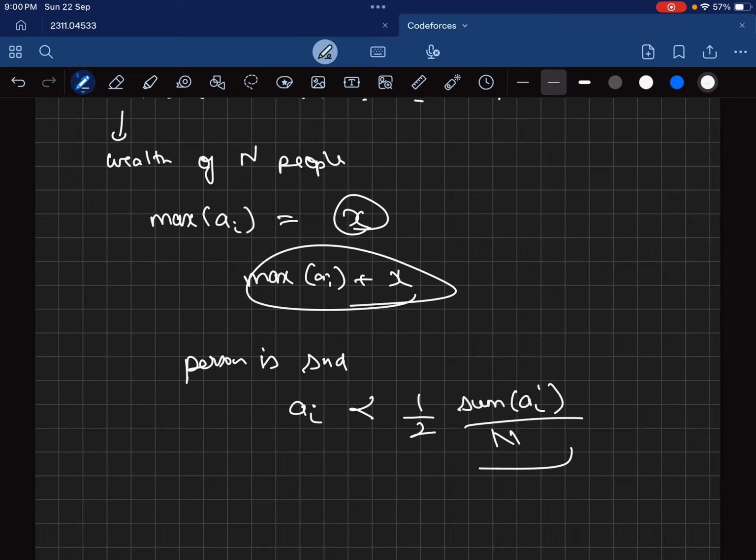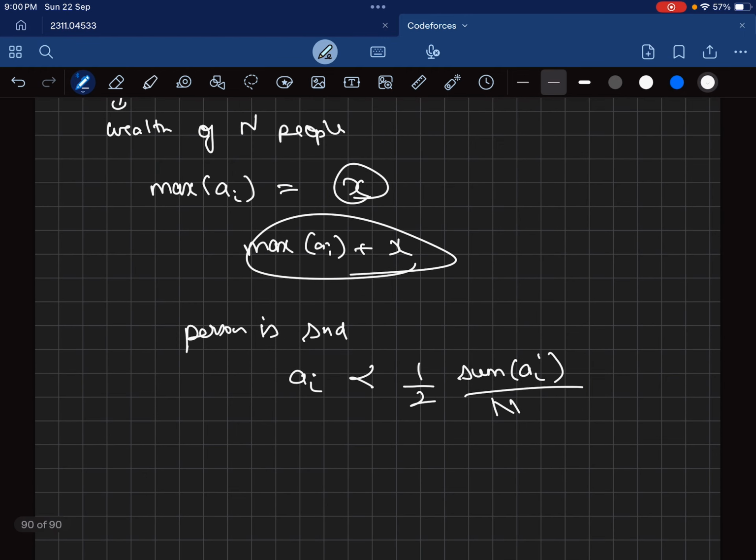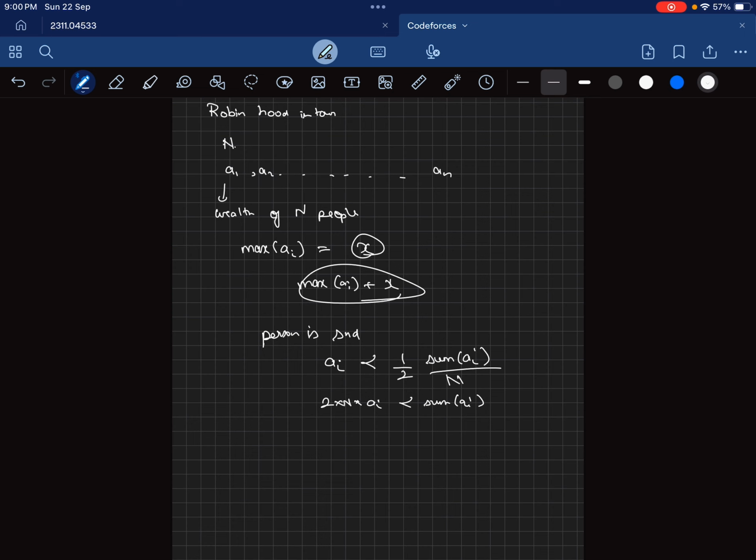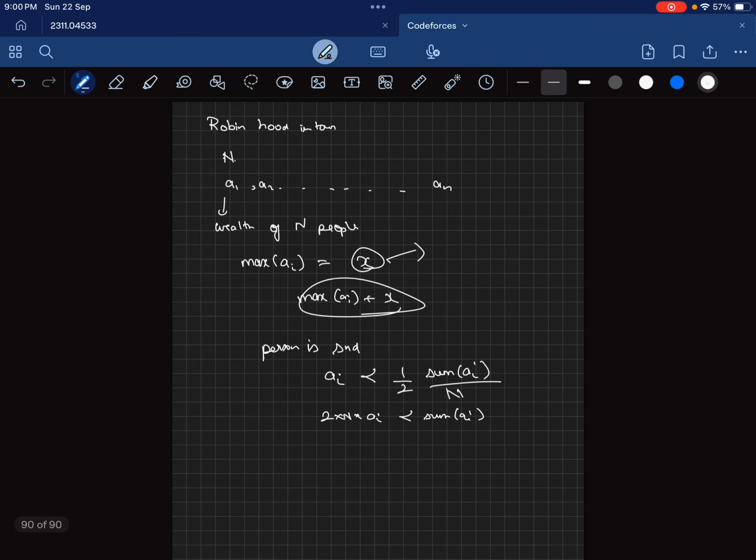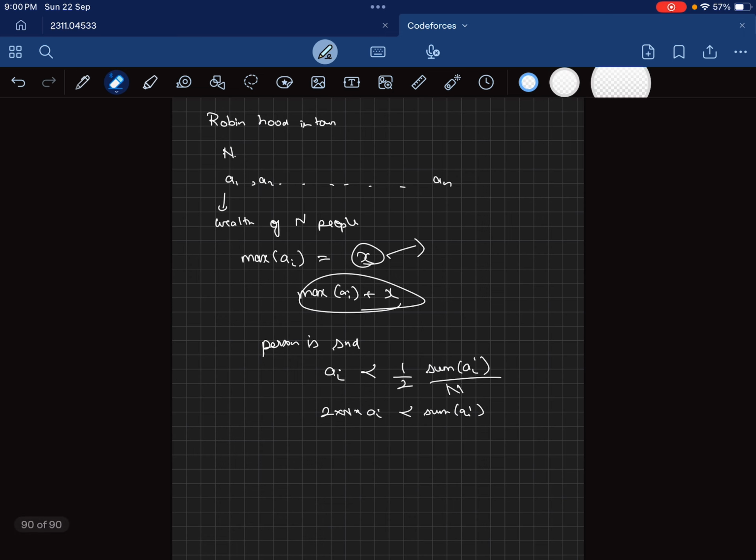If we rearrange this equation, we get a condition, and if it holds, then the ith person is dissatisfied. When strictly more than half of the total people are dissatisfied, then Robin Hood occurs. We have to determine the minimum amount x required so that Robin Hood shows up.